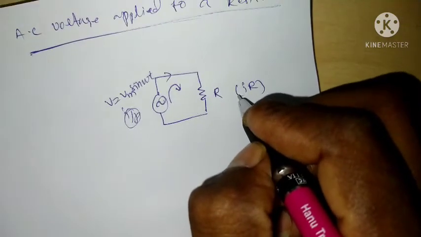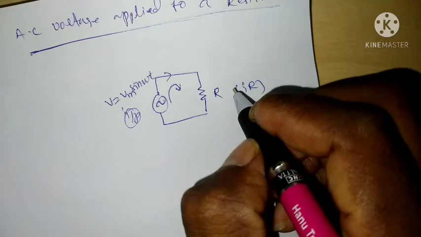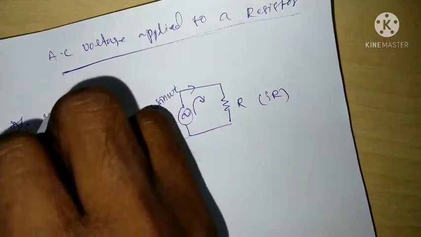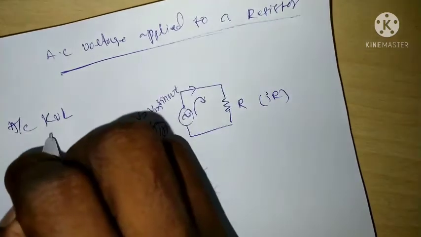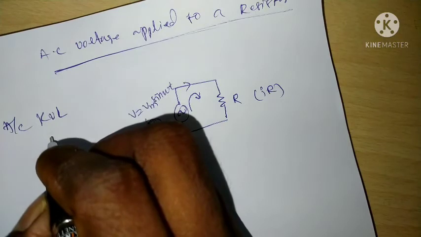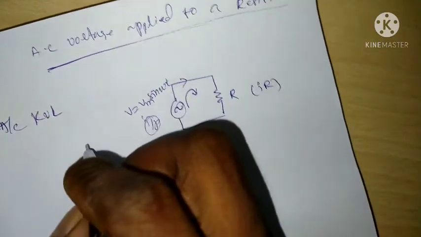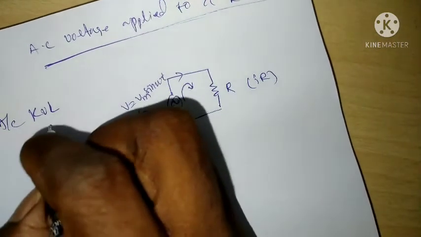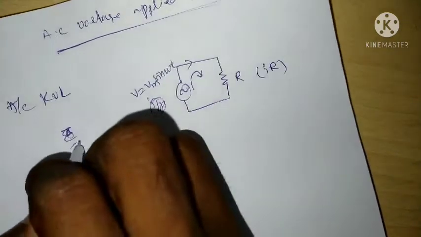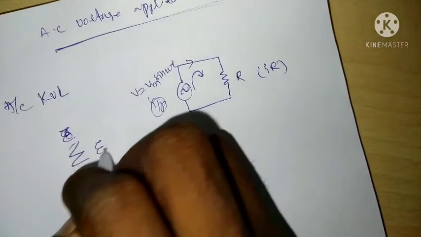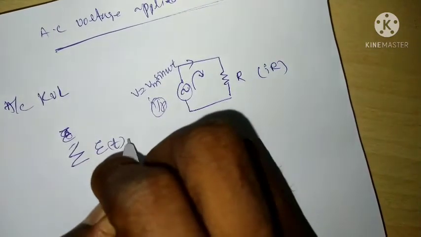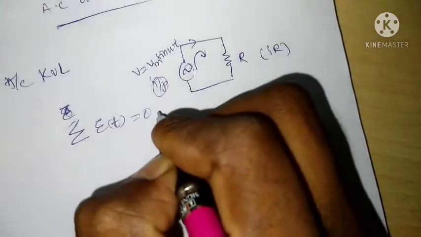According to Kirchhoff's voltage law, KVL, the sum of the potential drops across any closed loop is 0. That means the sum of the voltages with respect to time is 0.